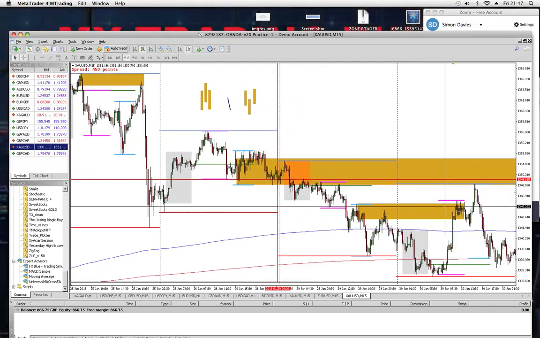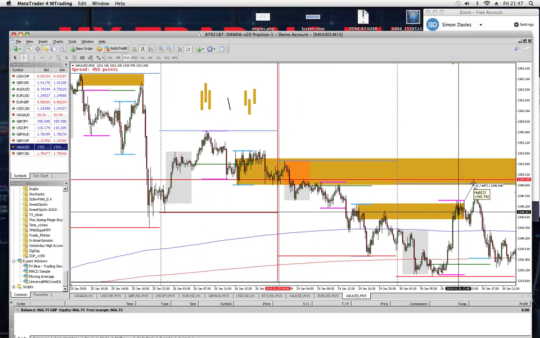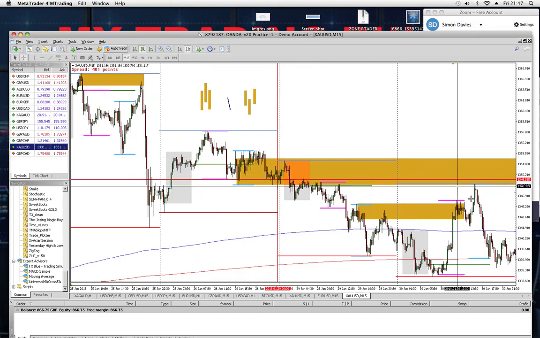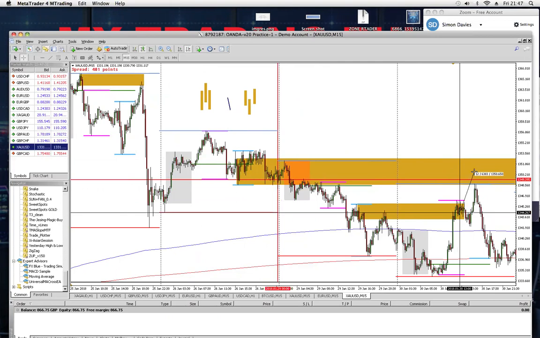And against us, 44 pips. So we need a bigger stop loss on gold, don't we? Because it's normally a 33 pip stop loss, but with it being gold, 40, 50 pip stop loss. So a 50 pip stop loss is here. You wouldn't get stopped out. You would have made money then.